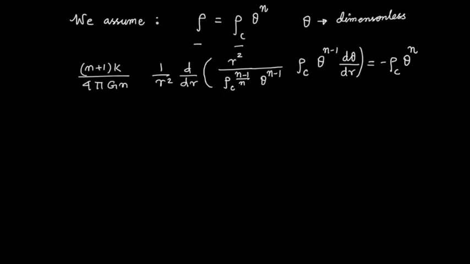So what do we get here? You see, theta to the power n minus 1 gets cancelled out, and I have rho c to the power n minus 1 by n here, which I can take out.